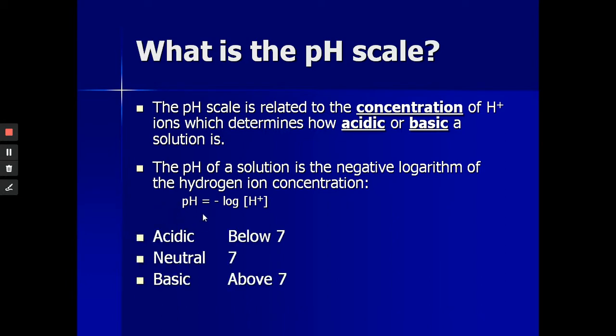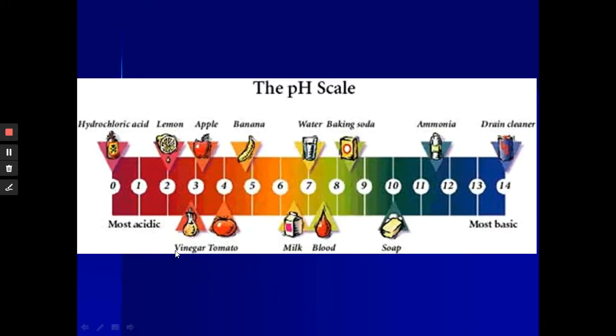If the pH is mathematically determined to be below 7, then it's called acidic. Exactly 7 is neutral, like water, and it's called basic if it's above 7. Here are some of the known pH values. Strong acids have pH levels close to 0.